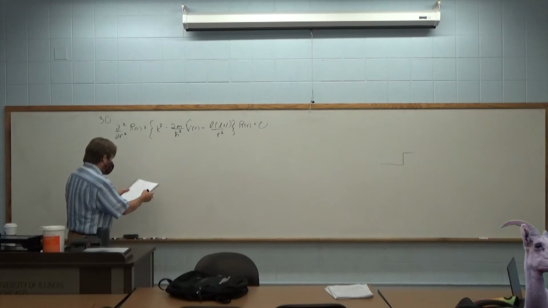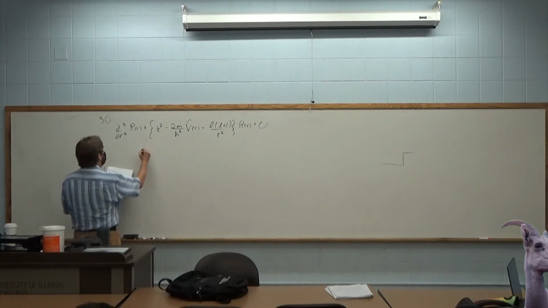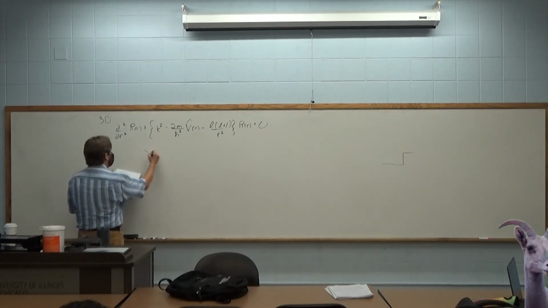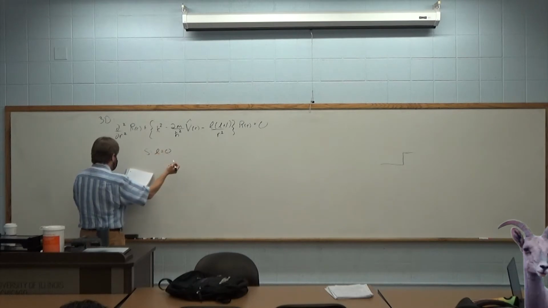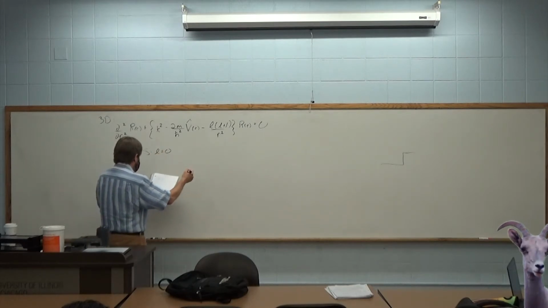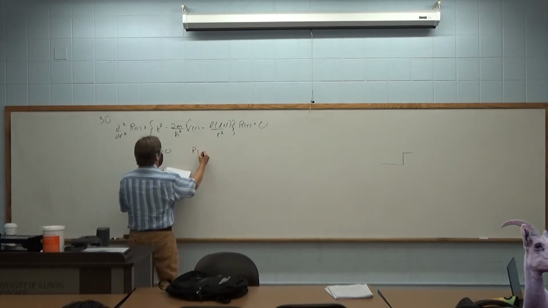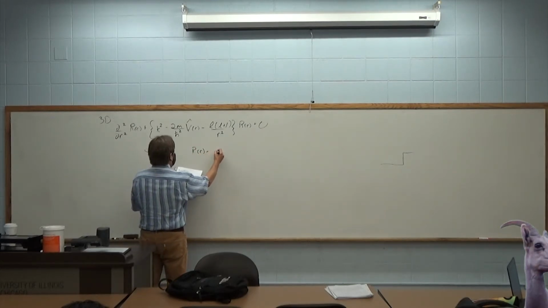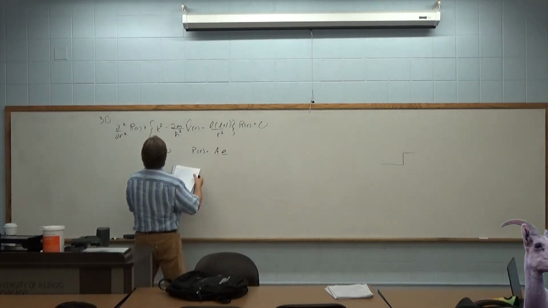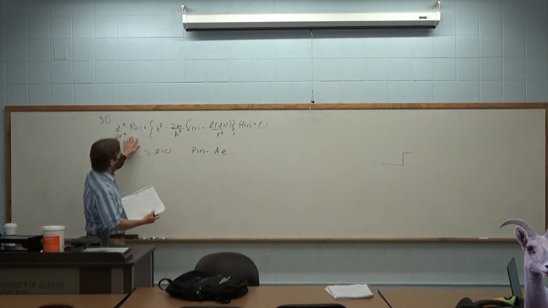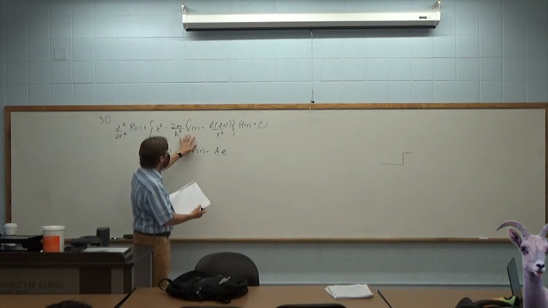So recall that for an S state, L is 0, that's the definition of an S state. And what we ended up with, and I know I was really rushing last time, is the double derivative of R. Again, no potential.